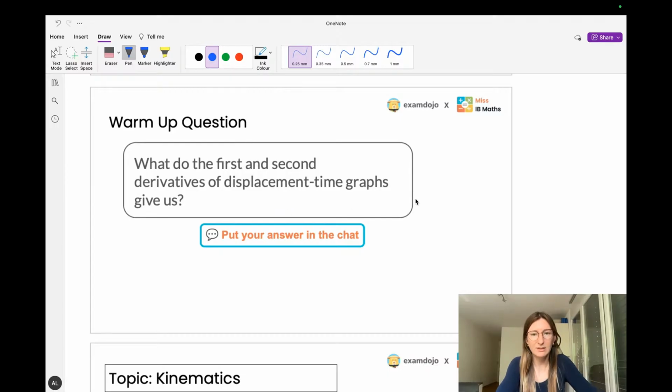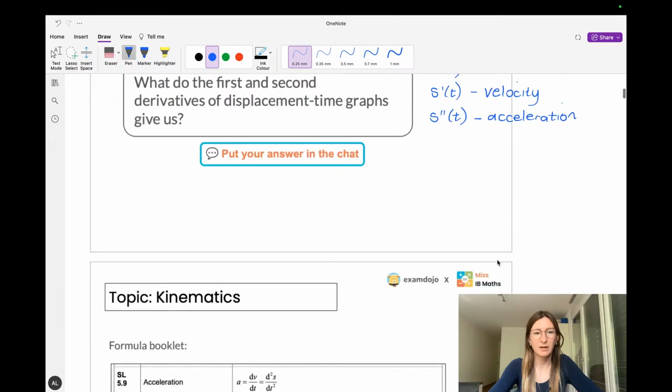The first derivative of our displacement graph gives us velocity, and the second derivative gives us acceleration. That's what we're going to be looking at.